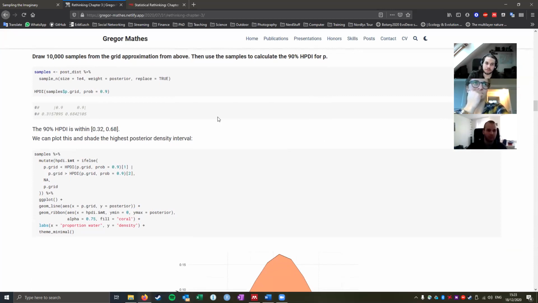I was using sample n, using the posterior distribution from the previous question, and we draw 10,000 samples with the weight equal to the posterior of our posterior distribution. I think it's the same with the base sample function. You have to give a weight for this as well.